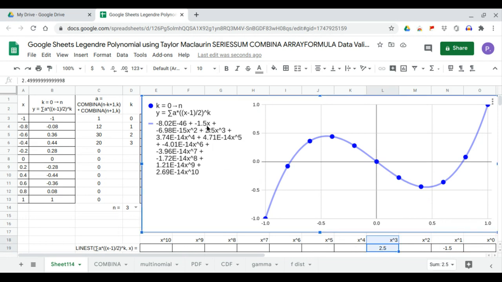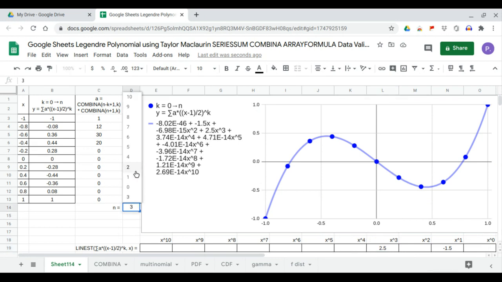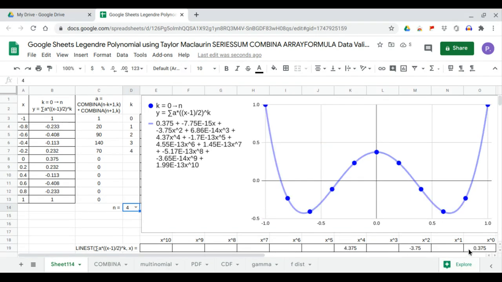At n equals 4, it is y equals 0.375 minus 3.75x squared plus 4.375x to the fourth.